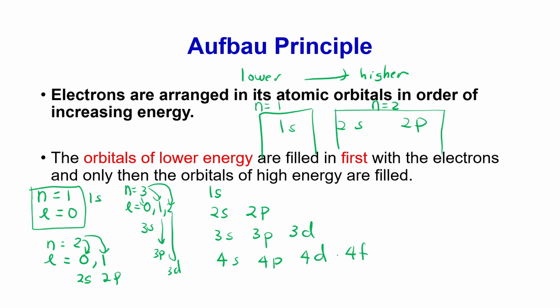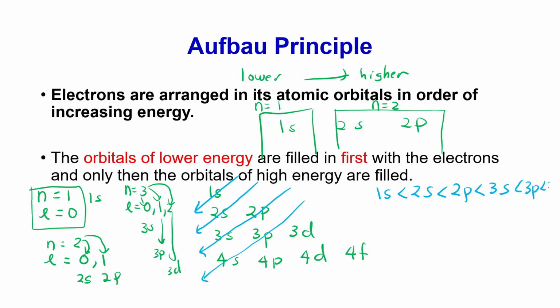To determine which one to fill first, we use the arrow that I remember. Start with 1s. 1s is filled first, after 1s comes 2s, then 2p, then 3s, after 3s 3p, then 4s, 3d, 4p.